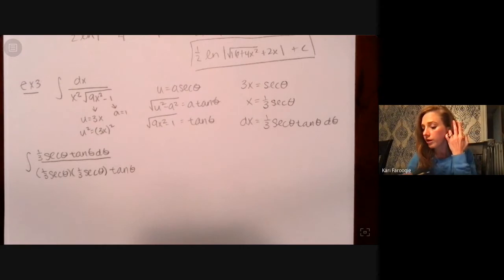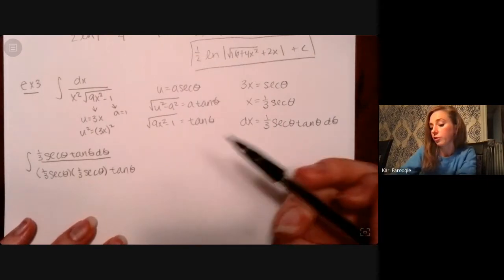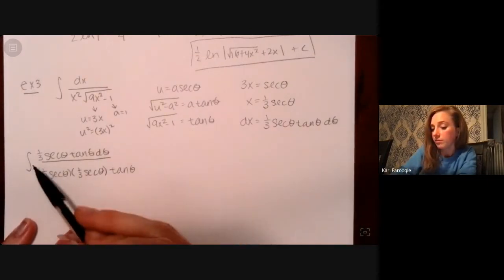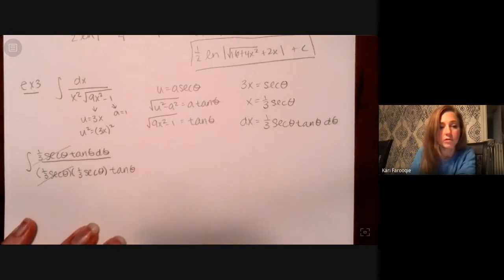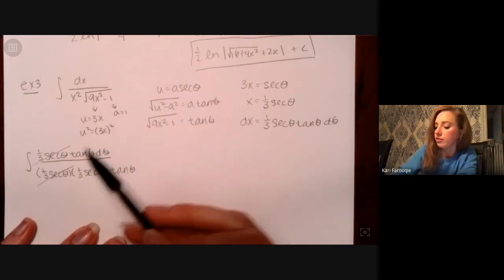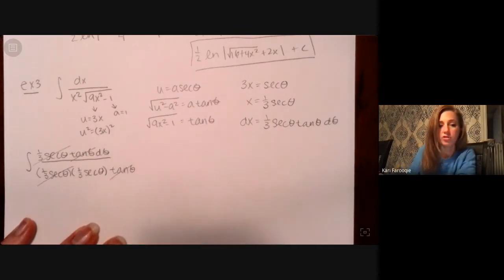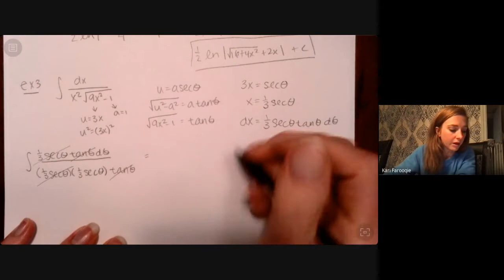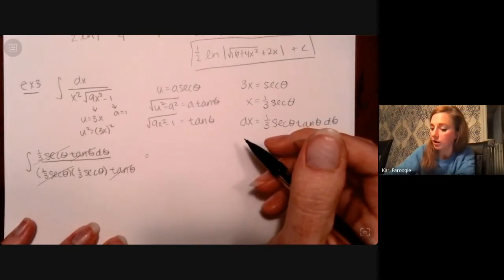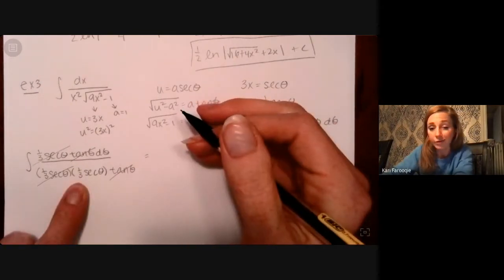Oh well, either way, cancel out what you can, and that's going to happen quite a bit with these trig substitution problems. Like for instance, 1/3 secant theta, there's one of them, there's one of them, done. I also have a tangent theta and a tangent theta that I can cancel. So let's see what we have left here. In this case, we have 1/3 in the denominator.